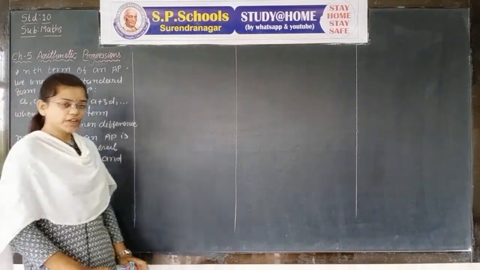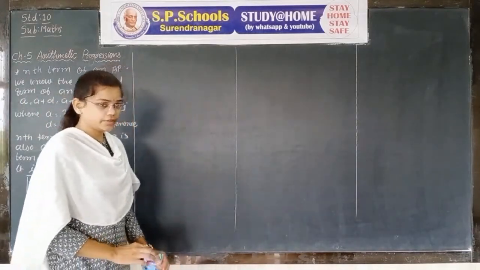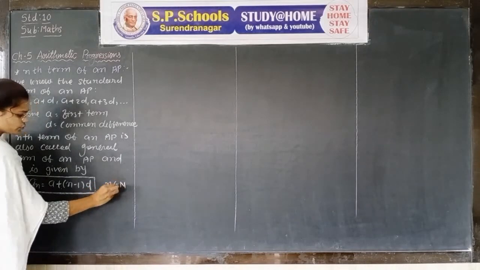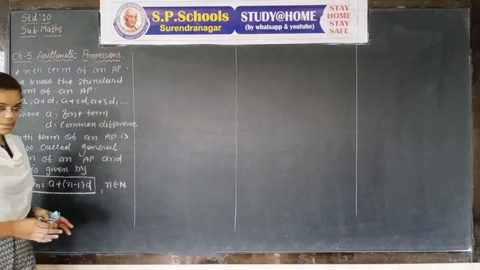It is a formula to find the nth term or general term of an AP. Compulsorily, small n belongs to the set of natural numbers, keep in mind.